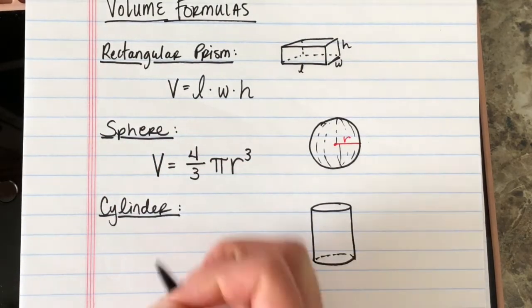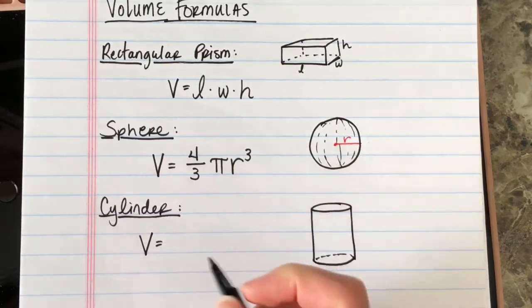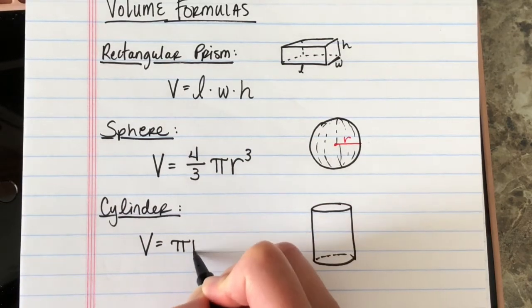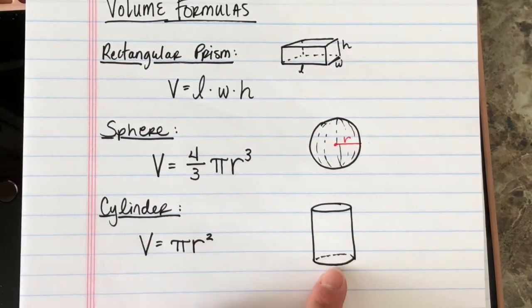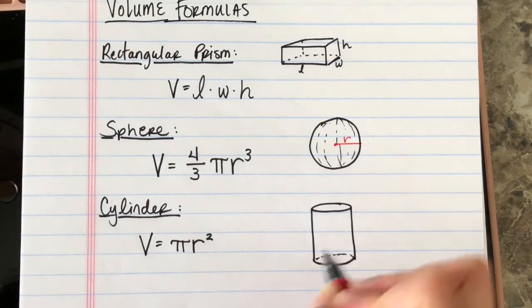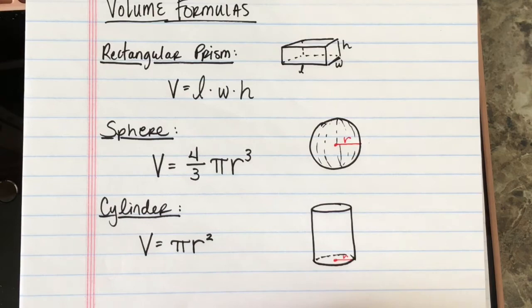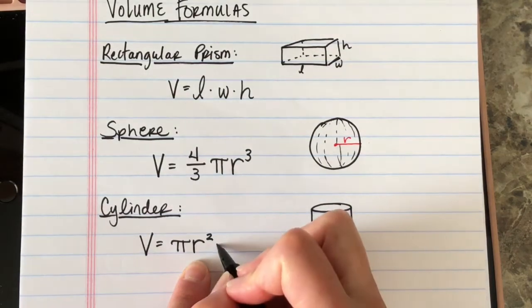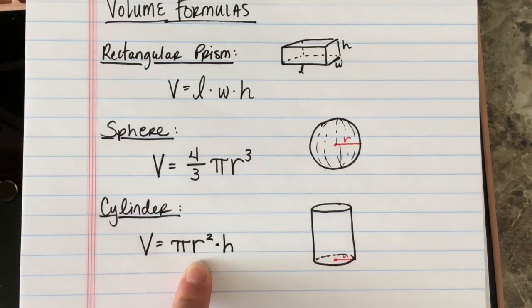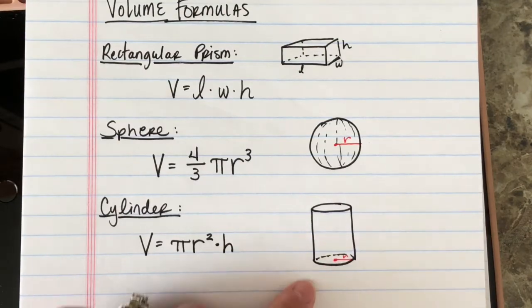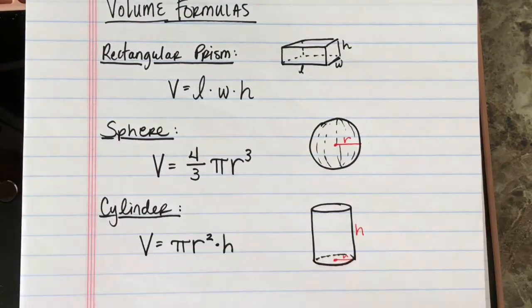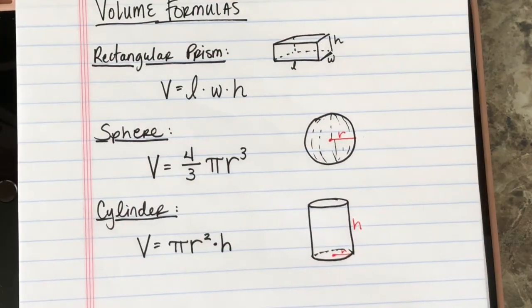The volume of a cylinder is simply the area of the base, which is a circle, where r is the radius of the circle, times the height. So you take the area of that circle and just times it by the height. And that's the volume of a cylinder.